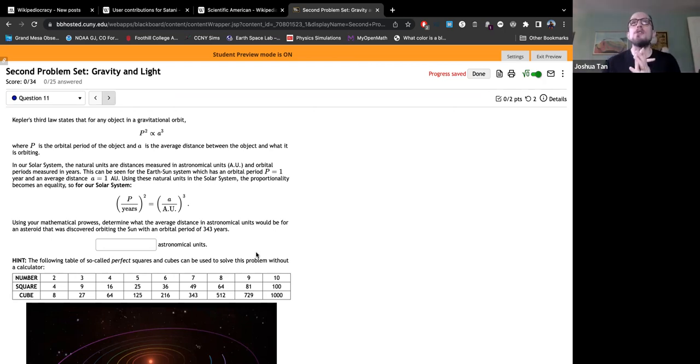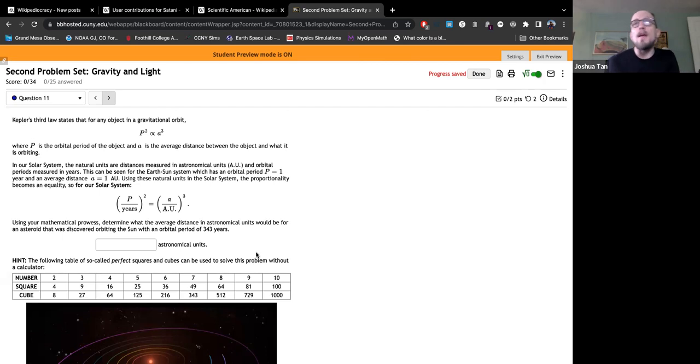As long as you're measuring your periods of orbits in years, such as the period of the orbit of the Earth, and you're measuring the distance between the planet and the sun in this unit called the astronomical unit, which uses the distance between the Earth and the sun as 1. It's about 1.5 times 10 to the 8 kilometers as an astronomical unit, but you could just call that 1 astronomical unit and be safe here. That's the sort of unit we're using here.